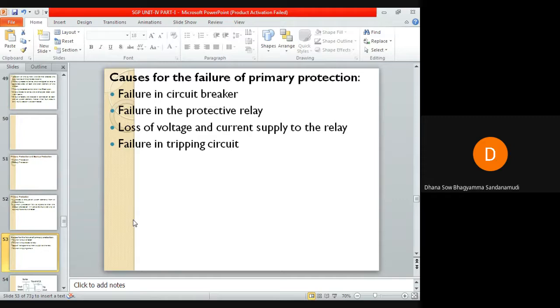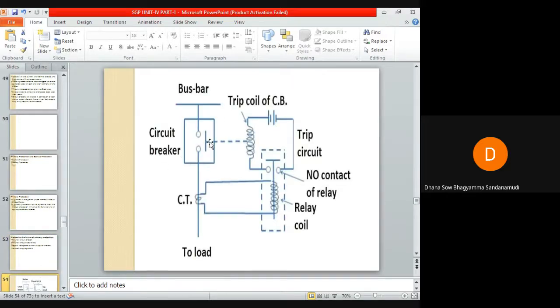There are many reasons for this: failure in the circuit breaker, failure in the protective relay, loss of voltage and current supply to the relay, and failure in the trip circuit. If the circuit breaker fails to operate, or the relay itself fails to operate, or the voltage or current required to energize the relay is lost, or the trip circuit fails to operate, then we can say that primary protection has failed to operate.